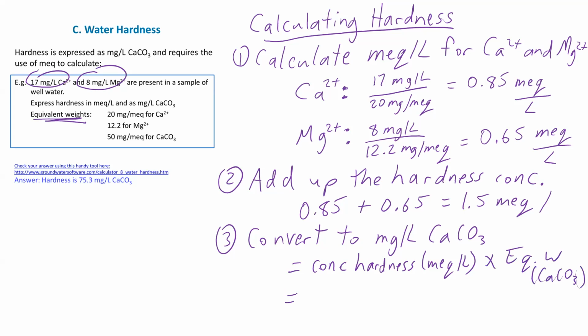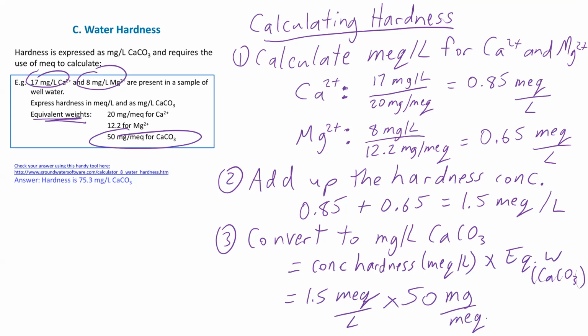Okay, so I'm multiplying those two numbers. So 1.5, oops, I'm missing the units over there, 1.5 milliequivalent per liter times the equivalent weight for calcium carbonate, which is 50. That's a nice easy number to remember. And it's milligrams per milliequivalent. So take a look at that.